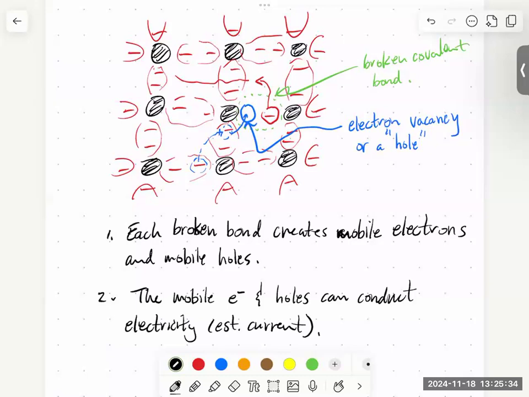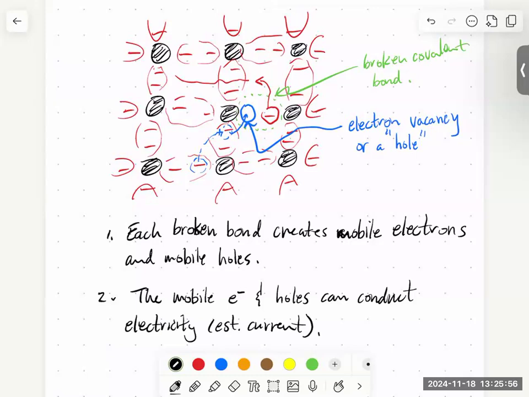The problem is that right now we have so few of these mobile electrons and holes that the conduction is pretty poor.